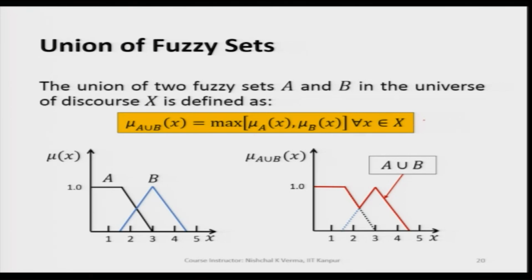As I mentioned, it is the membership values which are very important for the corresponding generic variable values, and in case of the union of the two fuzzy sets, mu A union B is computed as the max of mu A of x and mu B of x, and of course, all these x, the generic variable values, must belong to the universe of discourse.